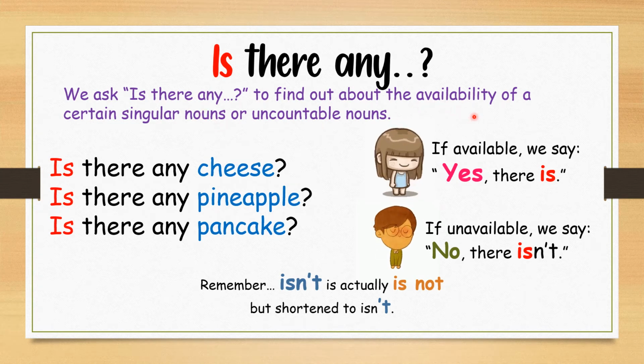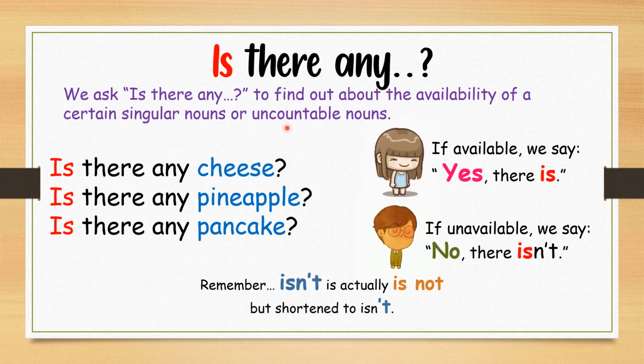Availability here means have or do not have. Singular nouns, remember what it is? Singular nouns mean anything which is only one. It could be one person, one animal, one plant, one object, or one place.